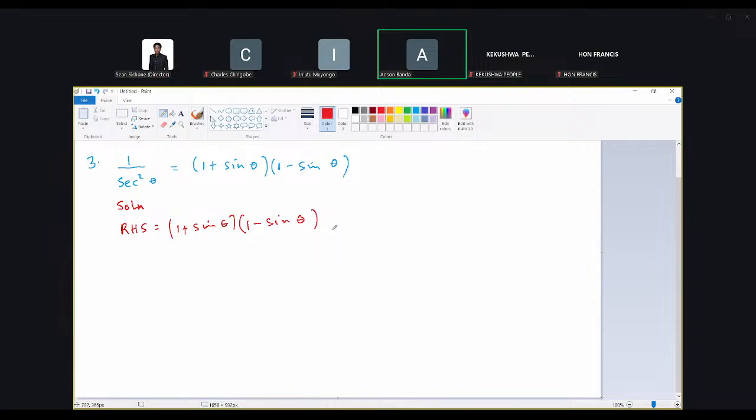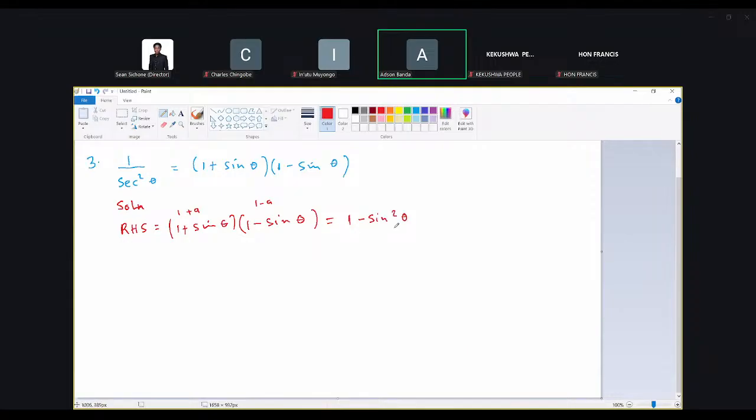If you look at what we have, you will see that this is a difference of 2 squares, which is just 1 plus a times 1 minus a. We know how to deal with a difference of 2 squares. So that gives us 1 minus sine squared theta.